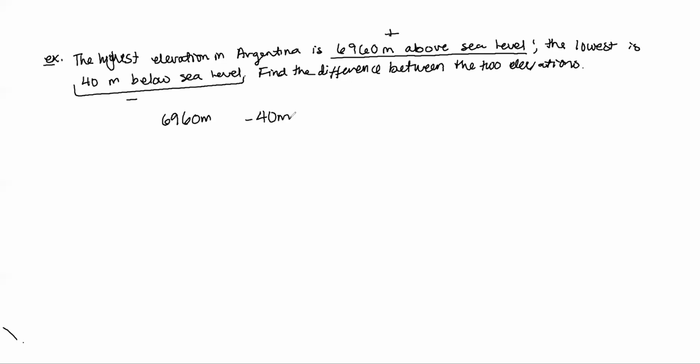To find the difference means subtraction. So 6,960 minus negative 40, we can add the opposite. And so we have 6,960 plus 40, which is going to give us 7,000 meters.